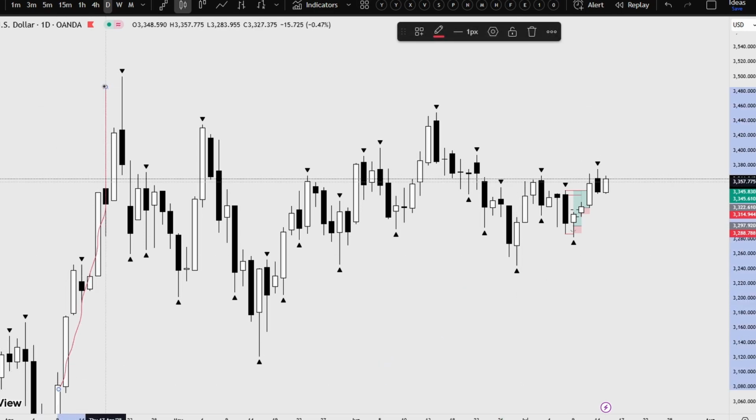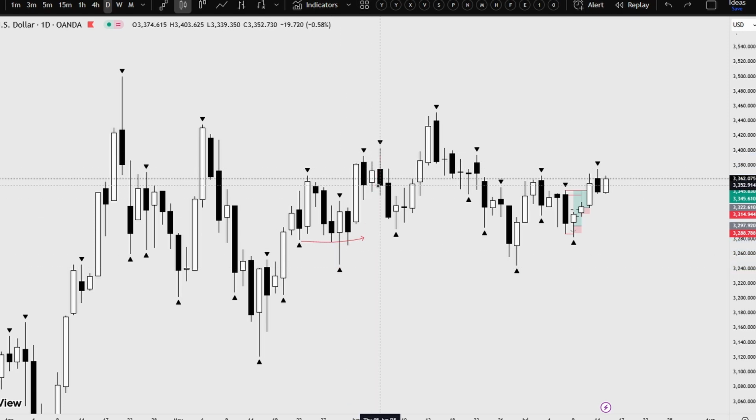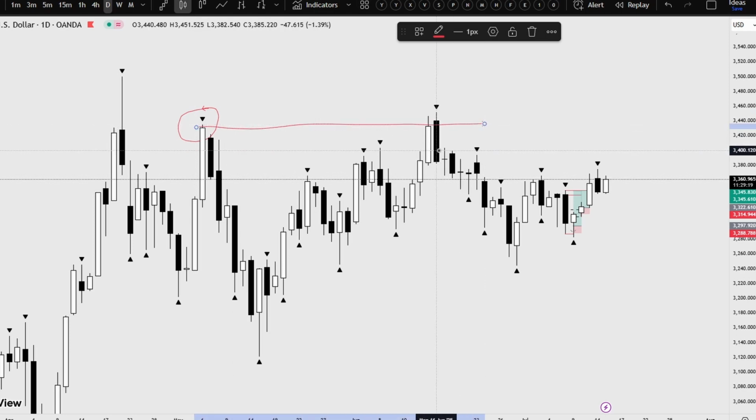We see a strong push to the upside, we come back down, we have the manipulation and continue to the upside. We have another manipulation, continuation to the upside, and we keep building this particular price action until some target is being hit. And by target, I always refer to some liquidity.